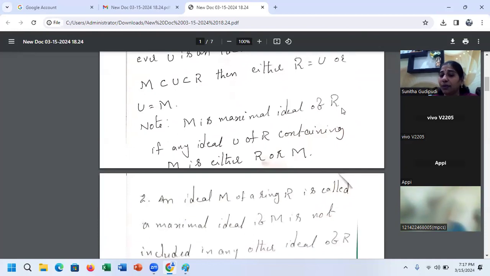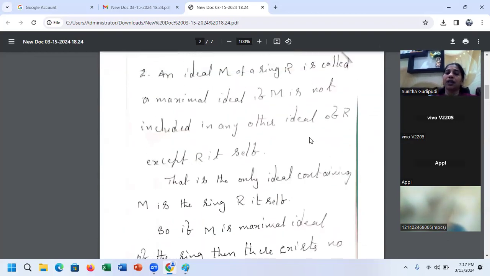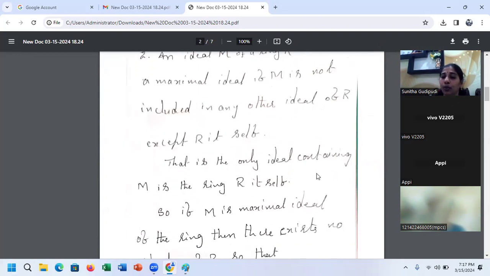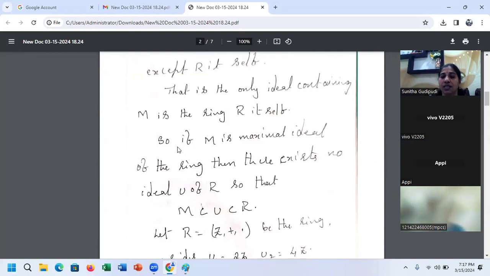M always will be a maximal ideal if for any ideal U of R containing M, U must be equal to M or U must be equal to R. Putting it in another way, an ideal M of a ring R is called a maximal ideal if M is not included in any other proper ideal of R except itself. So the only ideal containing M should be the ring R itself. In such cases, we call M the maximal ideal.